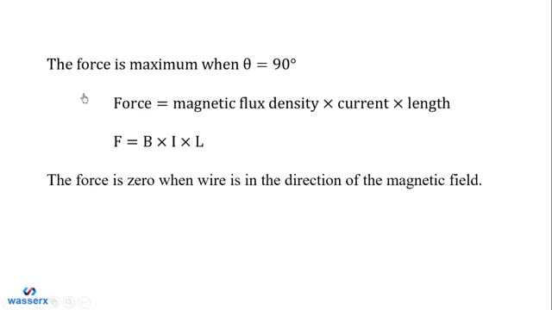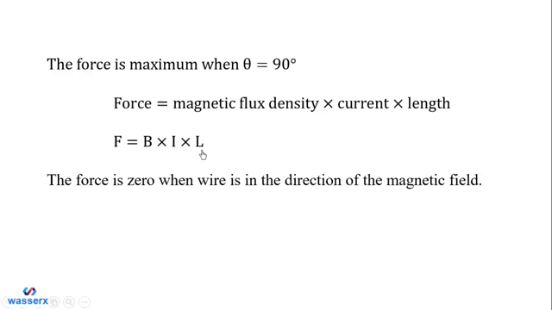Now we can have a special case. For the force to be maximum, we must have theta equal to 90 degrees. In that case, the force is equal to magnetic flux density times the current times the length, because we plug in 90 for theta, and sin 90 gives us 1.